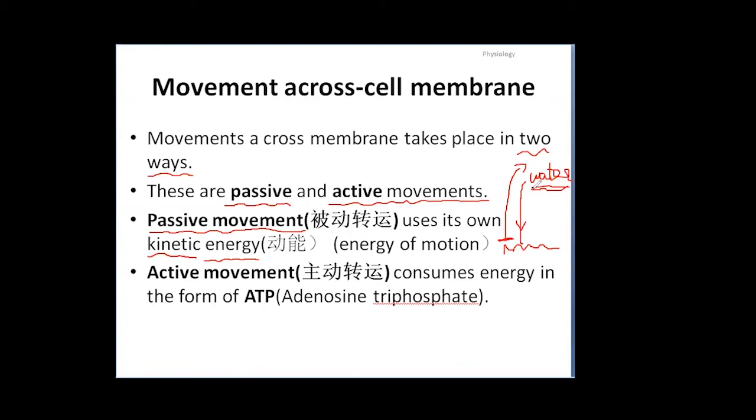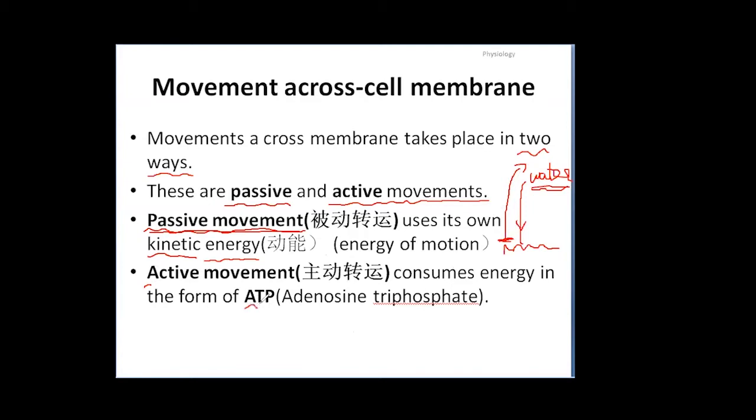So if we don't need special energy coming from outside, that kind of movement we call passive. If we truly need some energy to get some movement, then we can move. Pretty similar, we pump water from lower to higher.